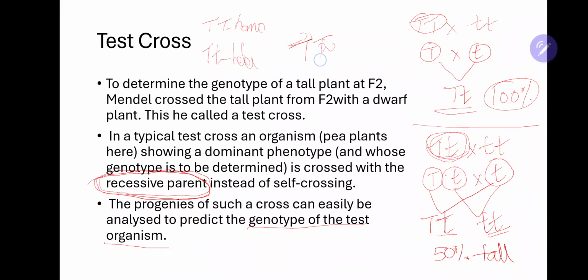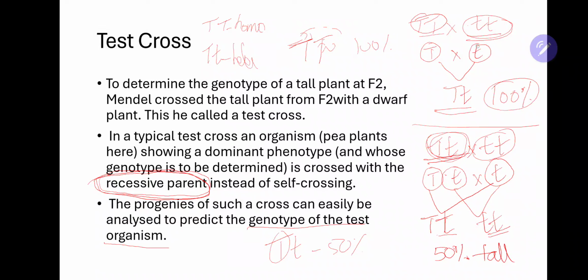Capital T capital T will give 100% tall. And what about the heterozygous one? Only 50% will be tall. So this is the main focus of the test cross, because by this process we will be able to find the genotype of the parent only by crossing with a recessive parent.